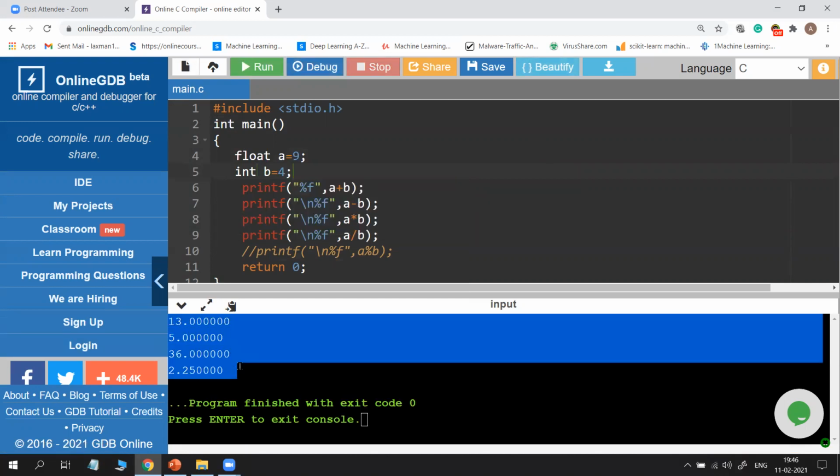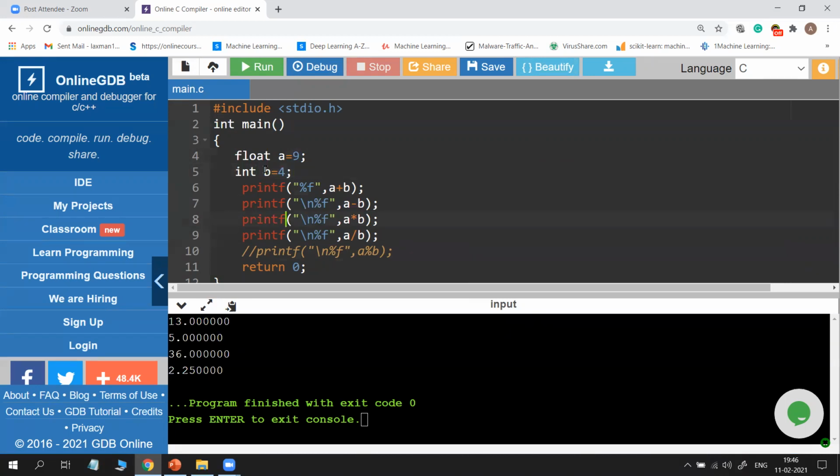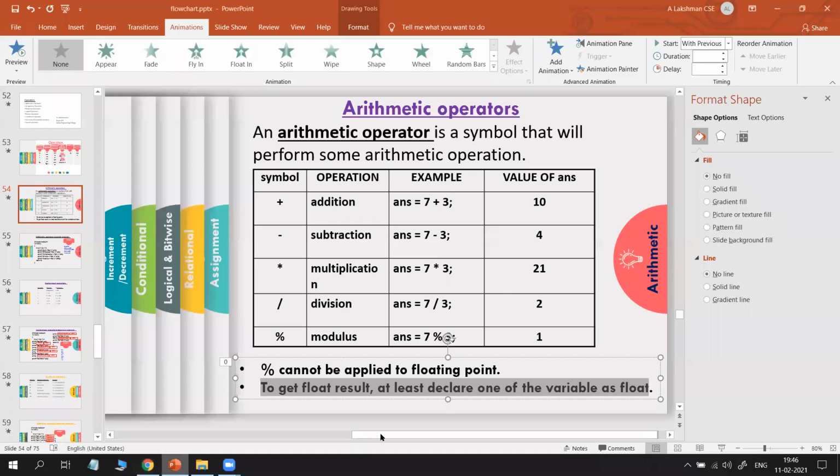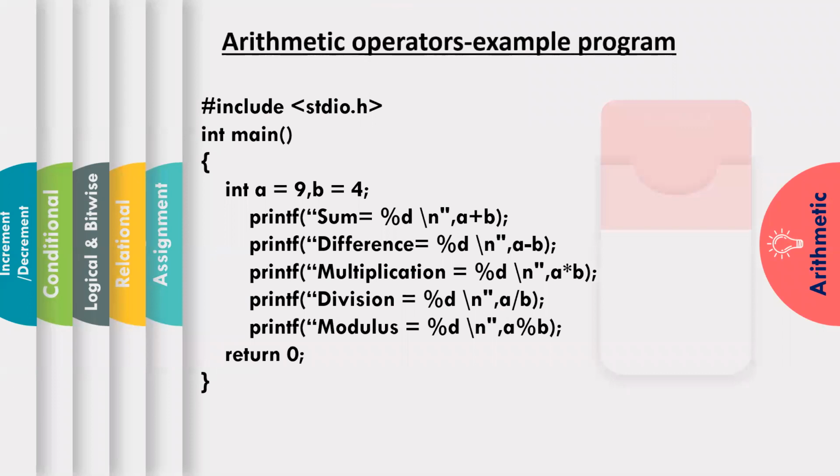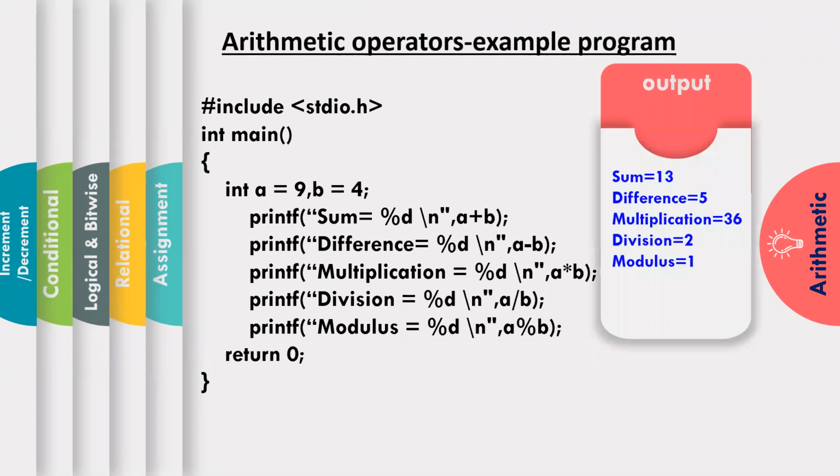See the same output. But if you give both integers, some fraction may be lost and the correct float value is not evaluated. So these are arithmetic operators. The output we got here is like this. Here we used "sum equal to" and "difference equal to" to get the output in a nicer way. You can add those.